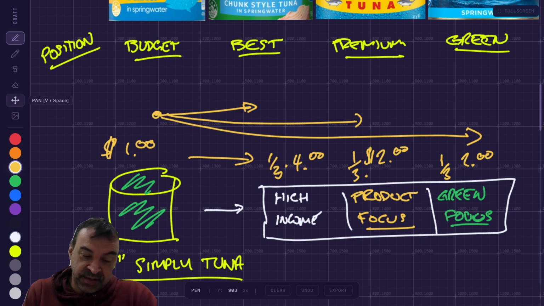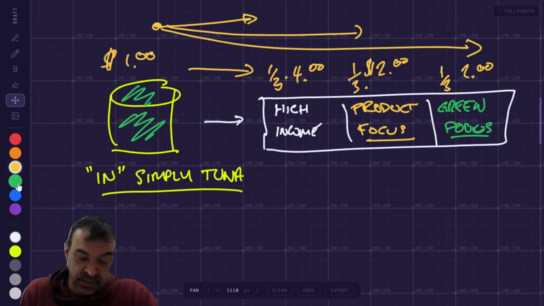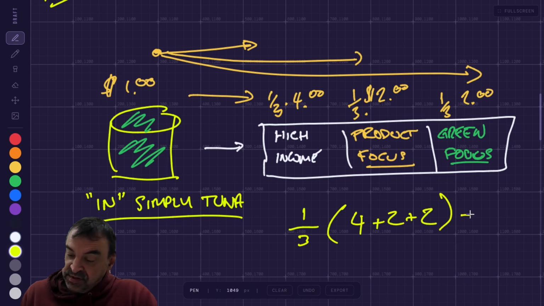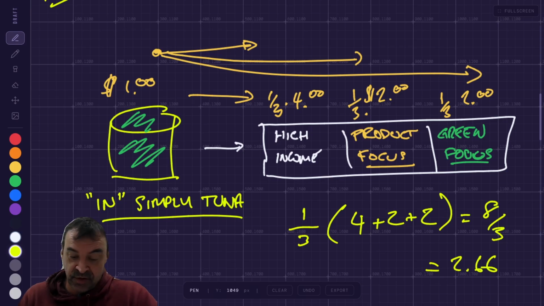Which means in total, when we run the campaign for the week, and it's never obviously going to be this good, we should be expecting a third of 4 plus 2 plus 2, which equals 8 on 3. So our expected value is 2.66 in total. That's total revenue.